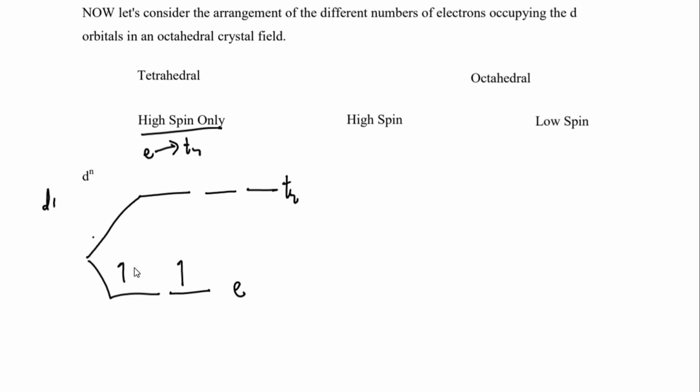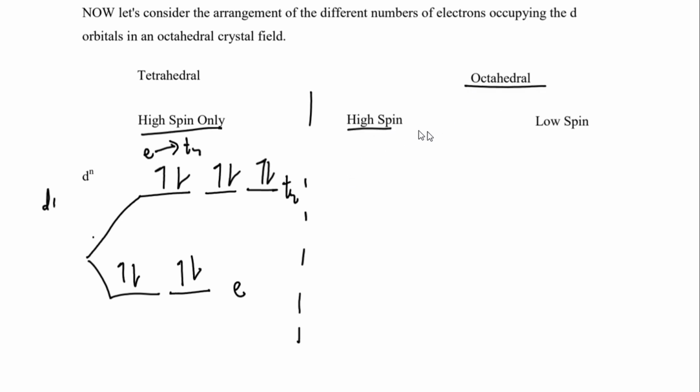For d1 and d2 the electrons go in e. For d3 it comes to t2, not pairing, because it's high spin and the distance is small. It's going to be 3, 4, 5. Then d6, d7, d8, d9, and d10.